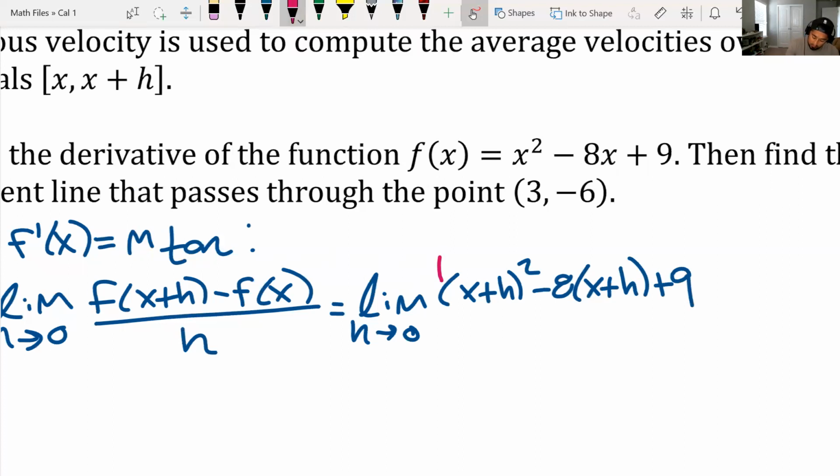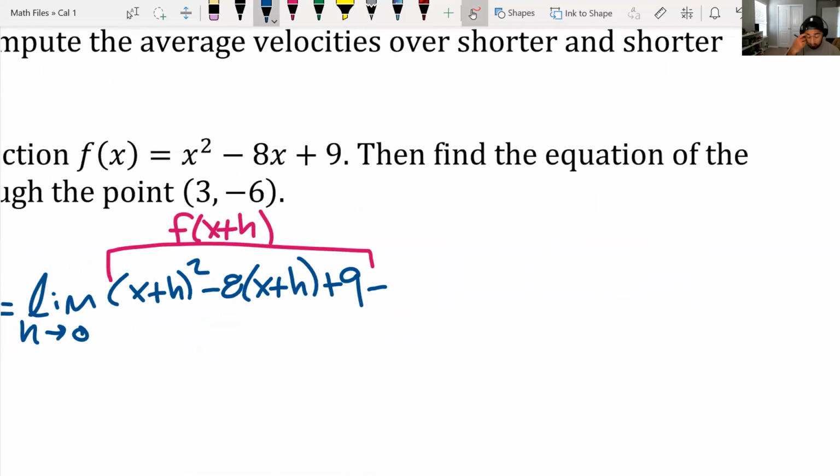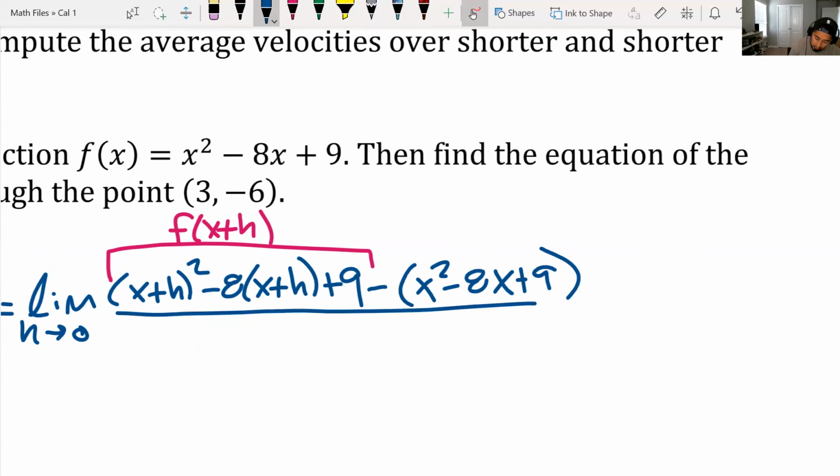All of this is f of x plus h, minus the original function, x squared minus 8x plus 9, all over h.